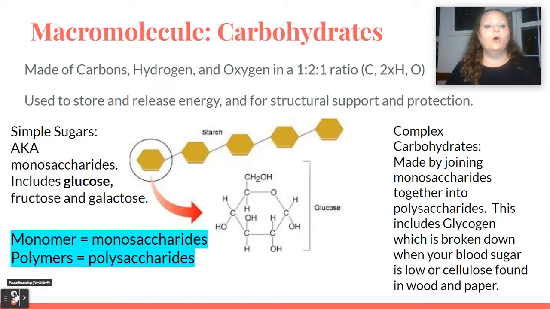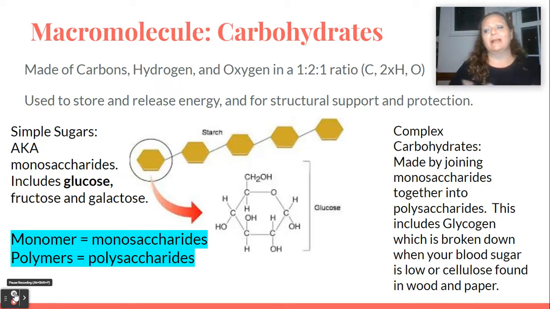Typically, the whole purpose of carbohydrates is to release energy. This is quick energy. We get these glucoses, we break them down, we create ATP from them. We're using them for energy. Sometimes they're also used for structural support. They can also be used for protection.